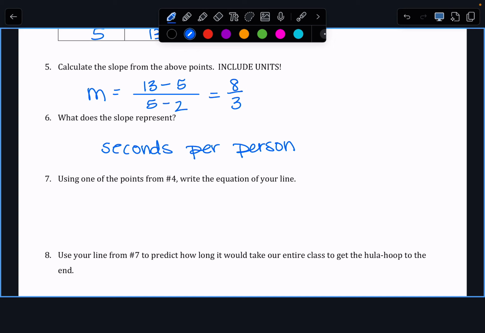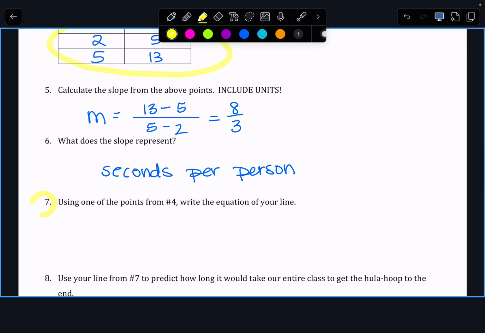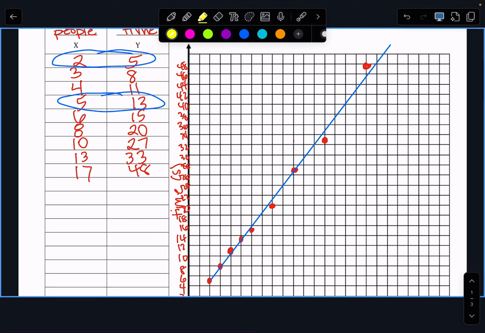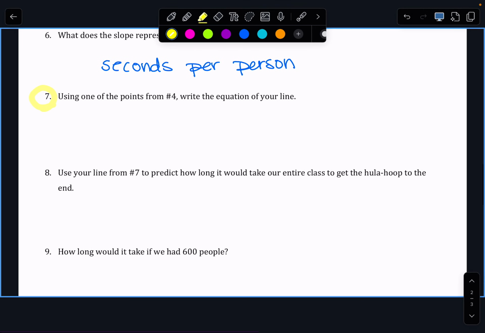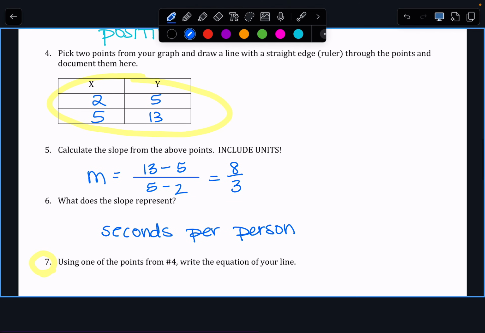Okay. So now what I want you to do is pick one of these points and write the equation of the line that I drew. So here's your slope. Pick a point.